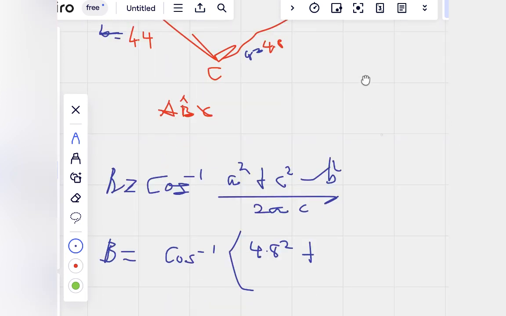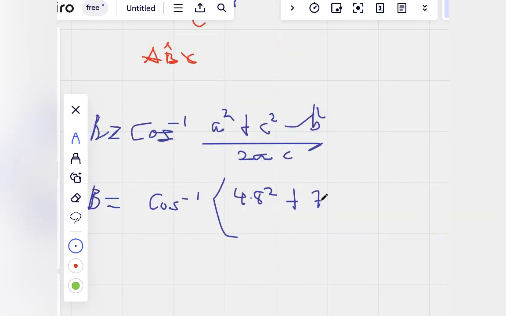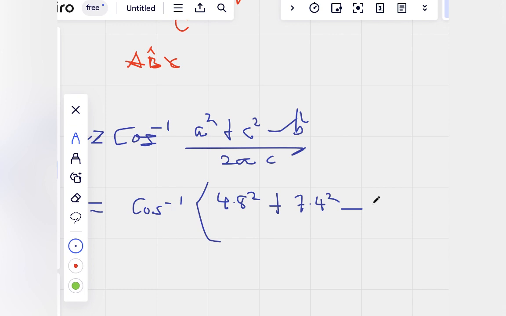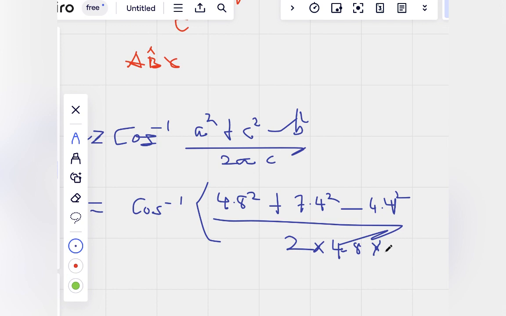C is 7.4, so we write 7.4 square, minus, what's the value of small b? Small b is 4.4, so minus 4.4 square, all over 2 times A, the value of A is 4.8, times the value of C, which is 7.4. Okay, we close the bracket.